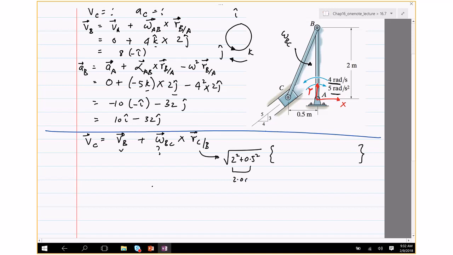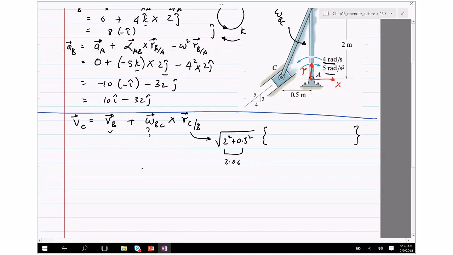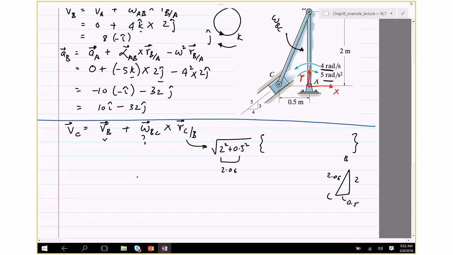Okay, so what we know about BC is that this is 2, this is 0.5, and this is 2.06. So if you want to find the vector from B to C, well, we are only interested in the unit vector.